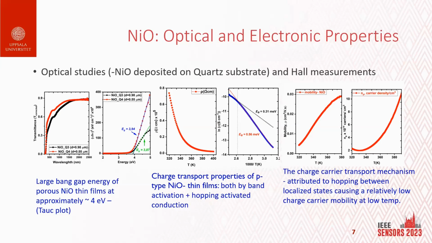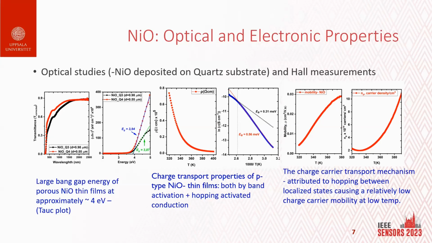There is both the hopping mechanism of electric charge transfer between the grains, and also a kind of band activated conduction depending on the temperature. So you manipulate the temperature, and the conduction parameters change at different temperatures.